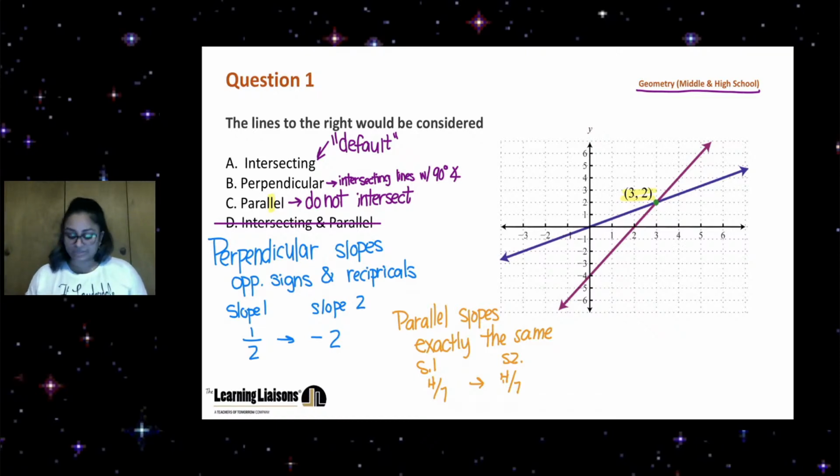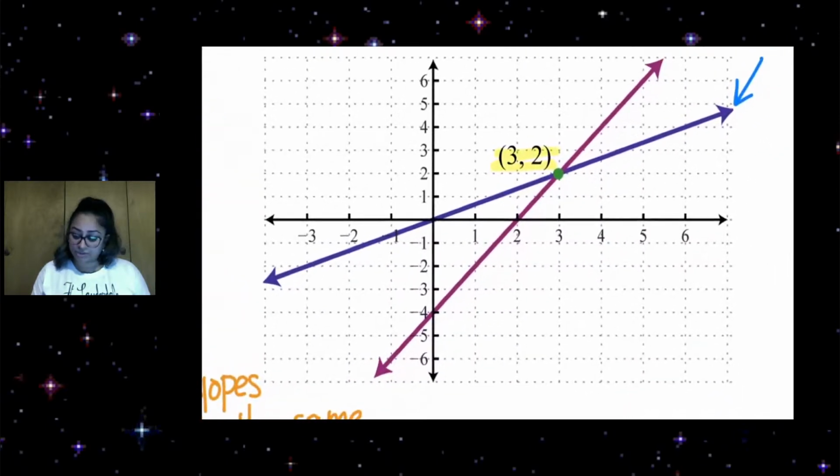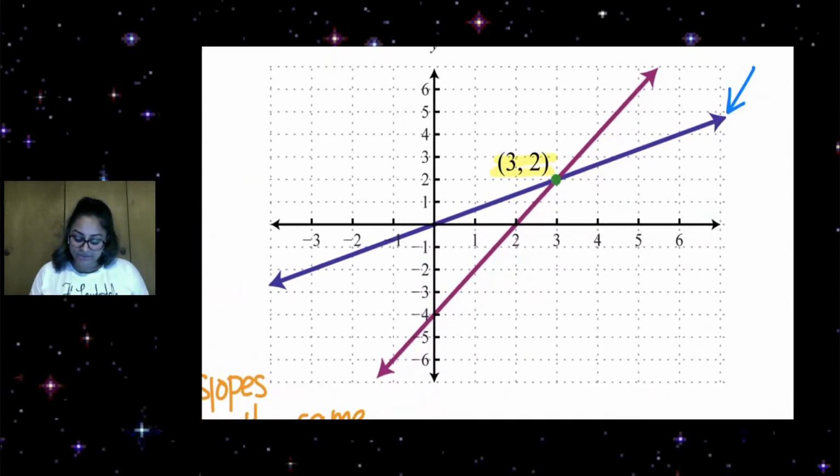So we go back to this and we actually need to figure out the two slopes of each of these lines. Well, there's a blue line and a purple line. So let's start with the blue line, all right? Well, I know that I can get to 3,2 because that is something that they told me. If I'm looking at the blue line, what do I notice? I notice that I have a perfect point right here at 0, 0.